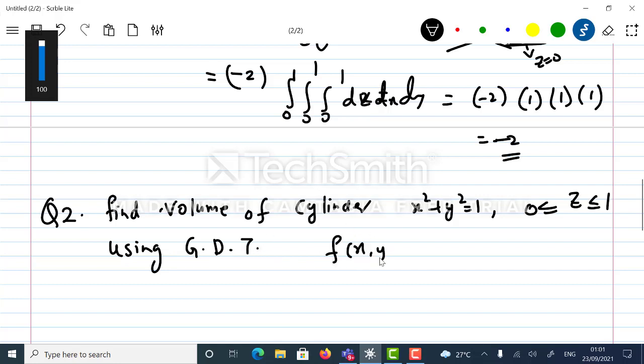Here f of x, y, z is given to be x by 3 i plus y by 3 j plus z by 3 k.